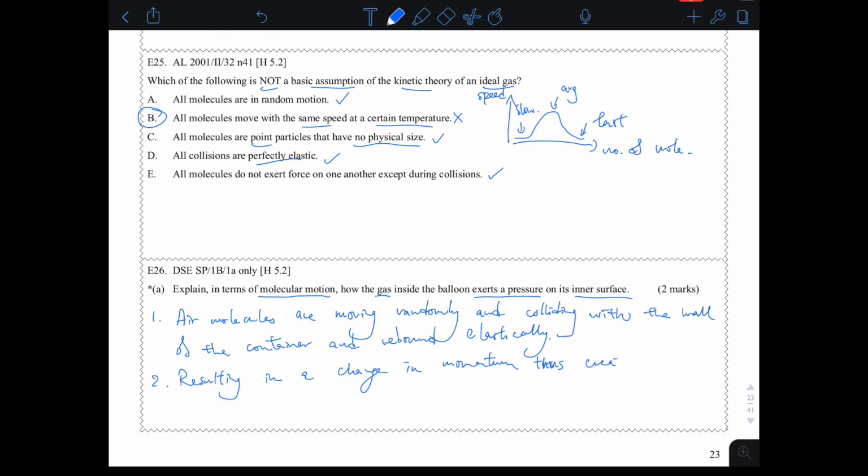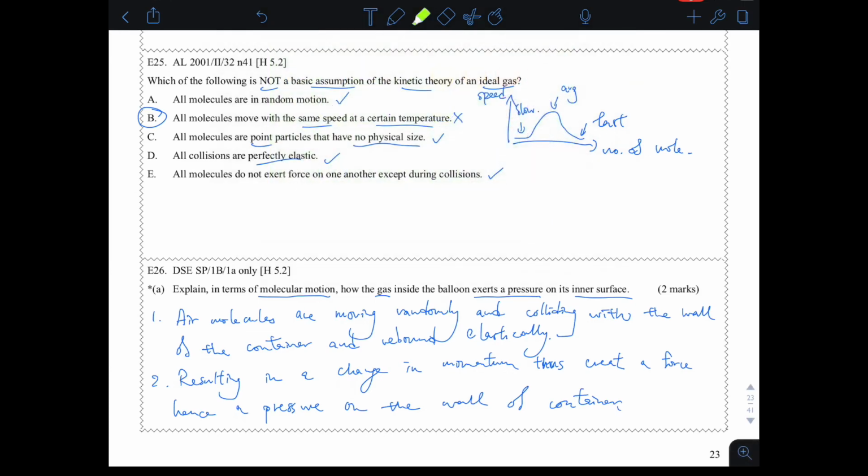This creates a force, hence a pressure on the wall of the container.